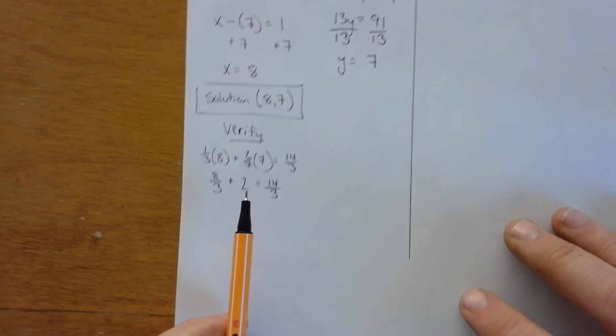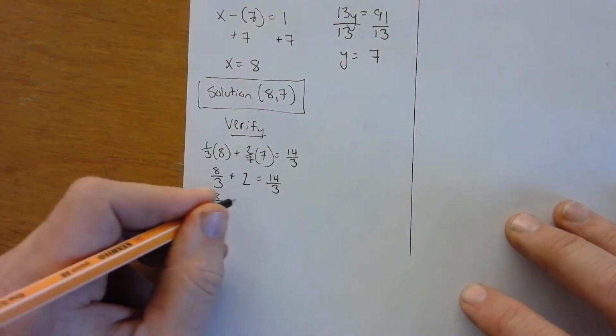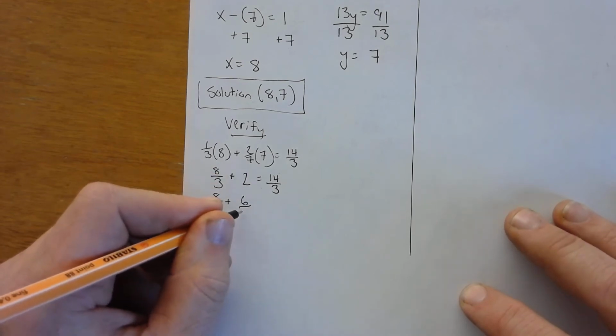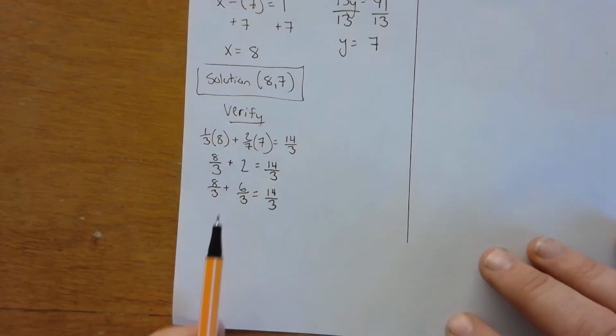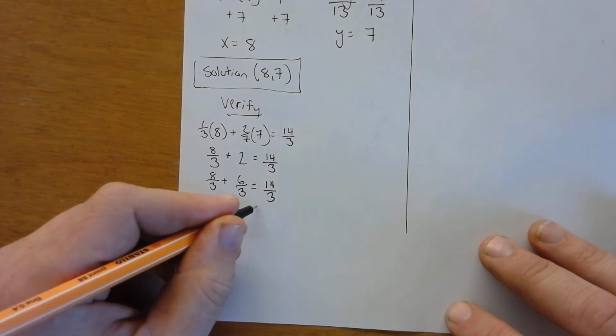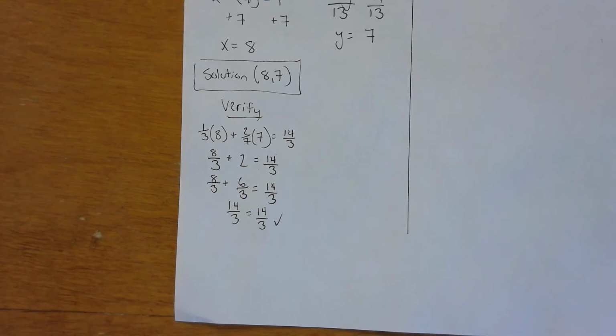I want common denominators, so I multiply the 2 top and bottom by 3, and it becomes 6/3. And 8 plus 6 is 14. So 14/3 does equal 14/3. So I've verified with the first equation.